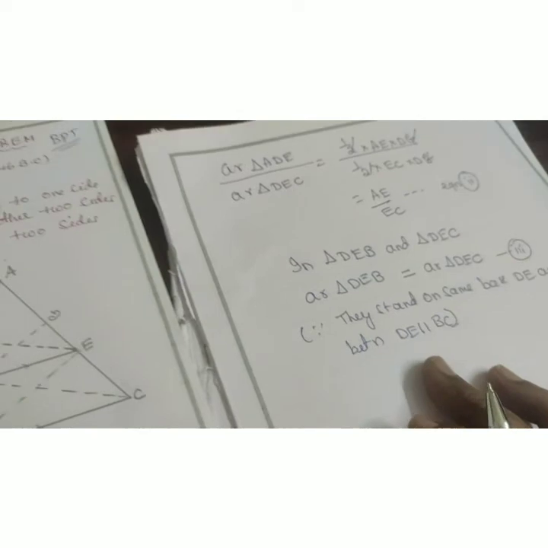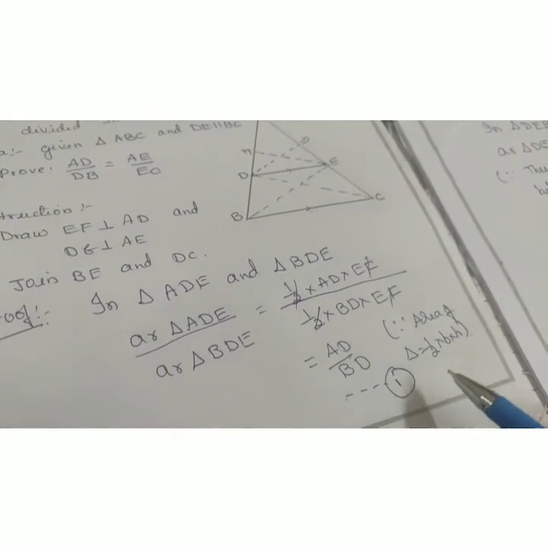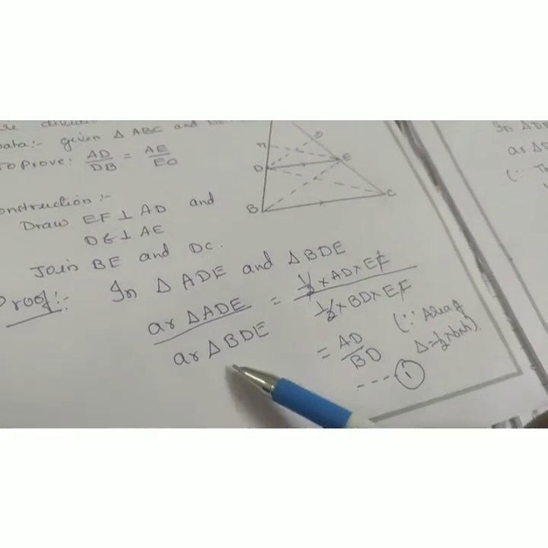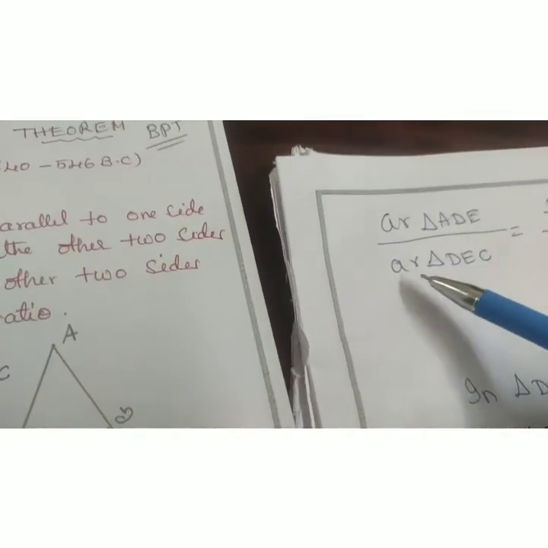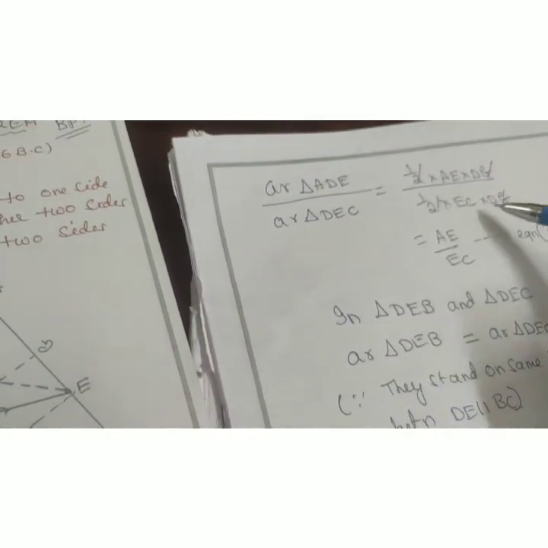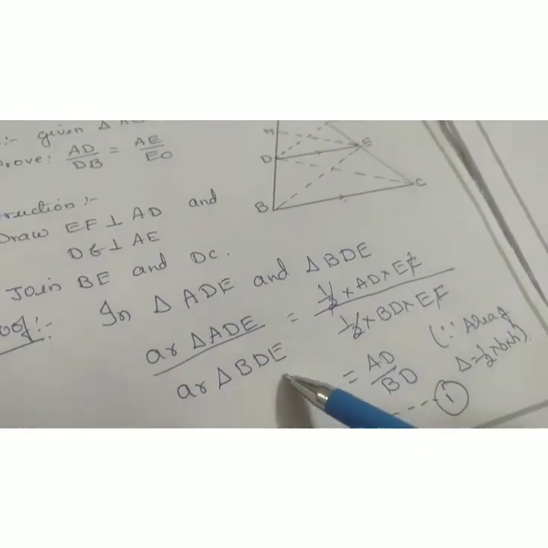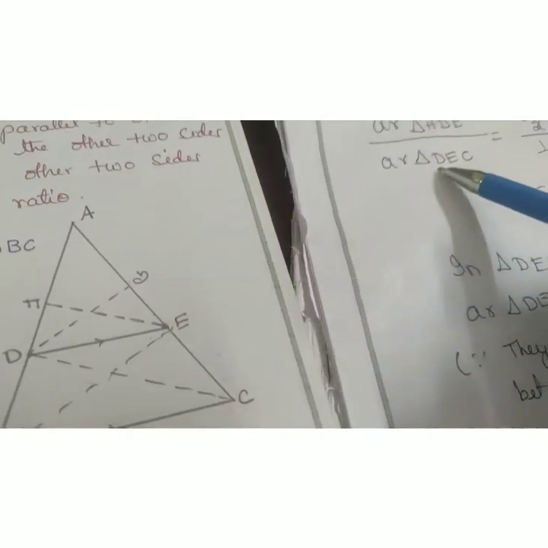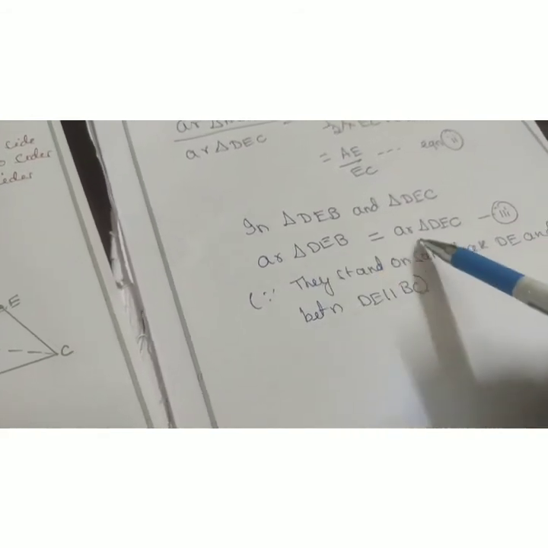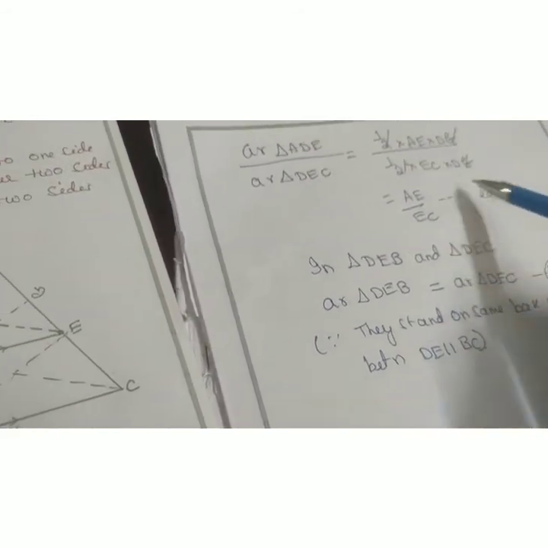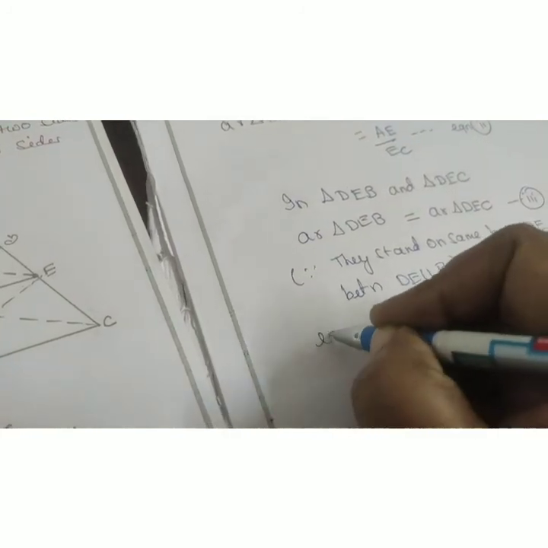Now from equations 1, 2 and 3. So what is our equation 1? Area of ADE by BDE is AD by BD, and area of ADE by area of DEC is AE by EC. Here we have proved BDE equal to DEC in our third equation. So from equations 1, 2 and 3, what can I write?